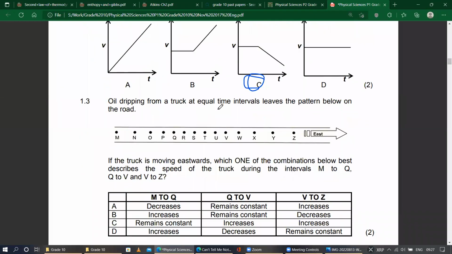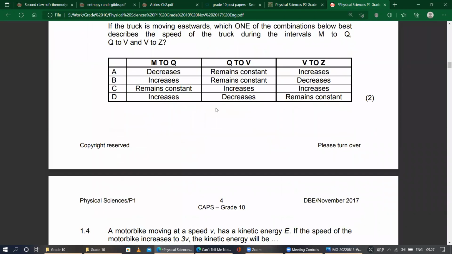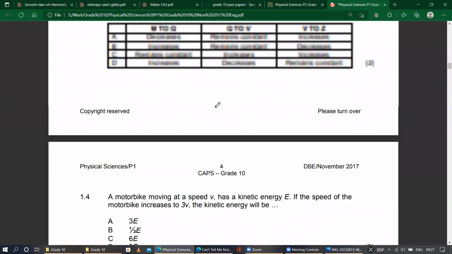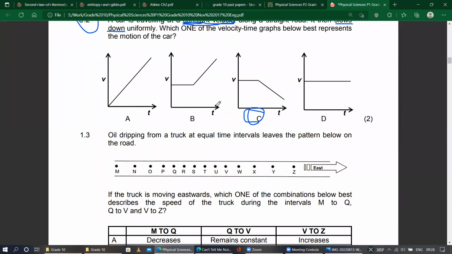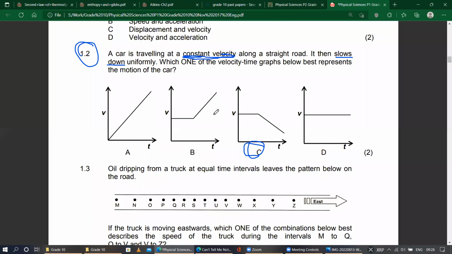But will they always give you the information and then tell you what to draw? Most of the time they give you the information. They'll just tell you the scenario, and after giving you the scenario, they tell you to draw this versus this for that particular scenario.